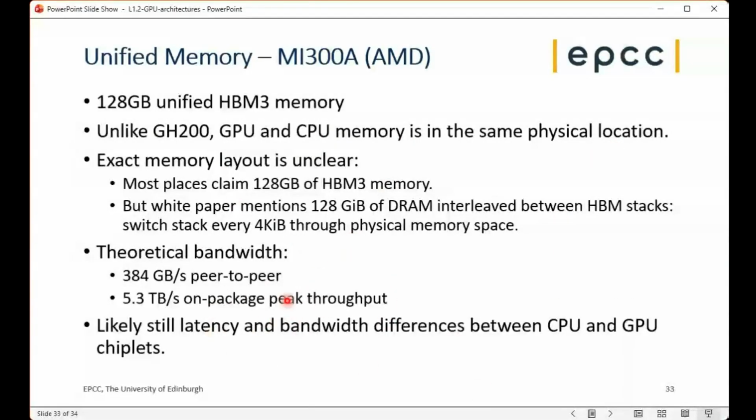At the time this slide was written, it's not exactly clear what the layout was, and there'll still likely be latency and bandwidth differences, but AMD have moved towards a single piece of unified memory, 128 gigabytes shared by the CPU and the GPU. That's a bit more detail than we maybe need.